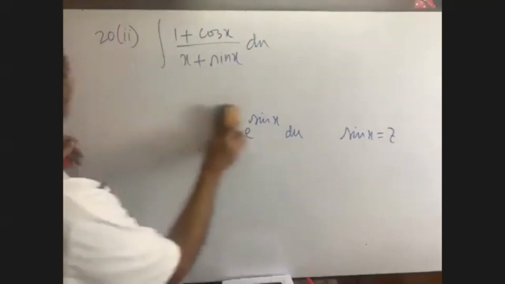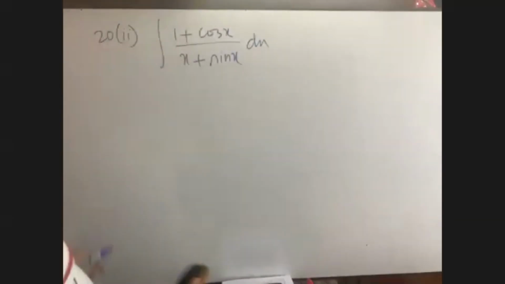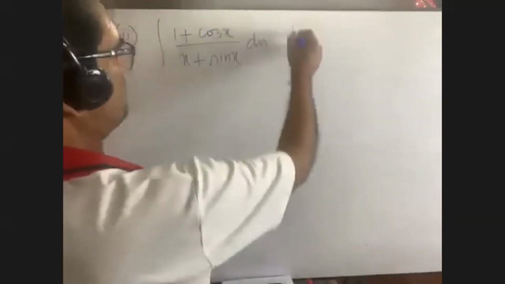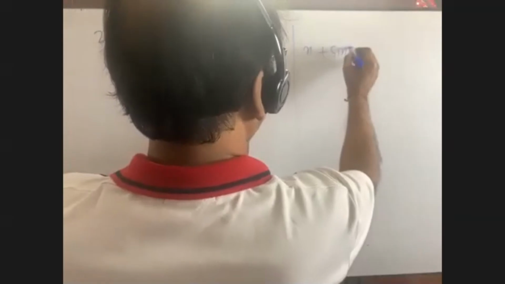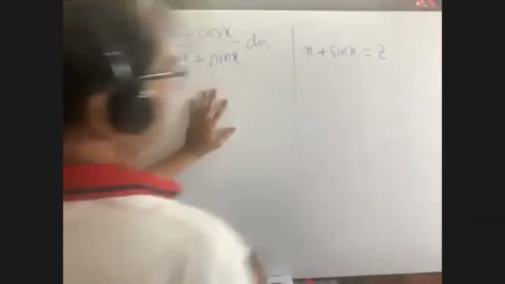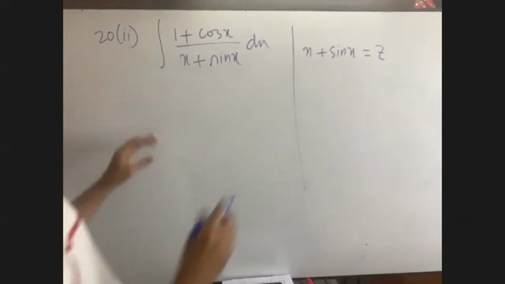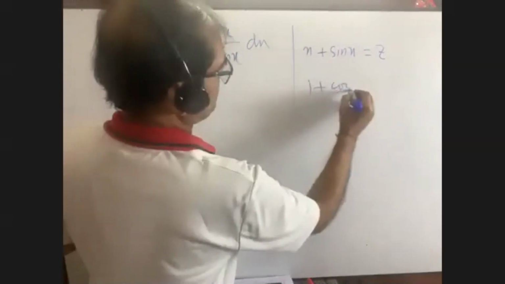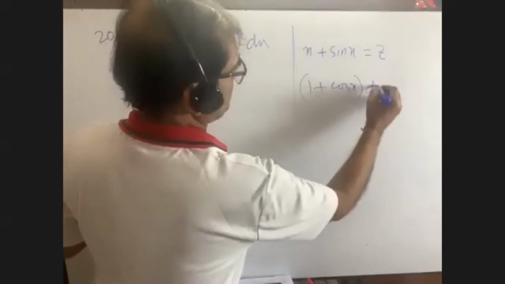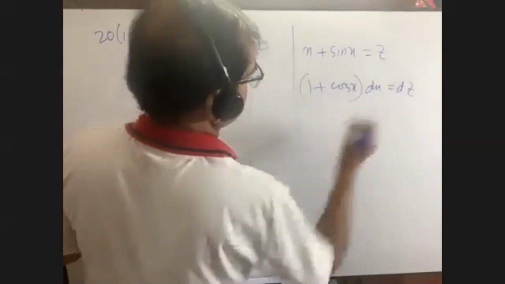The denominator will be let as z. If we let x plus sin x equals z, then its derivative is 1 plus cosine x dx equals dz.